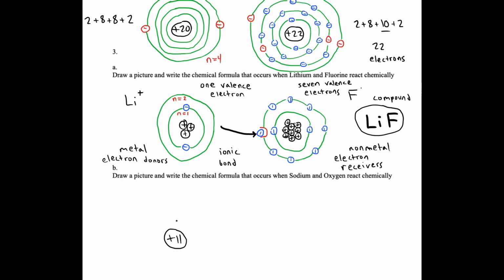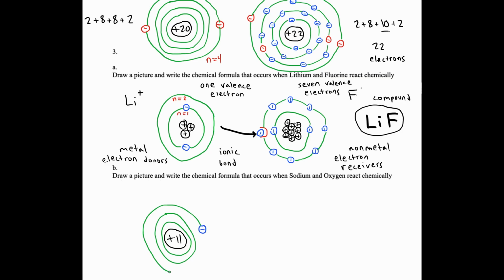So there's its nucleus. It's going to have a full first shell and a full second shell. And for the third shell, we're going to have just one electron.